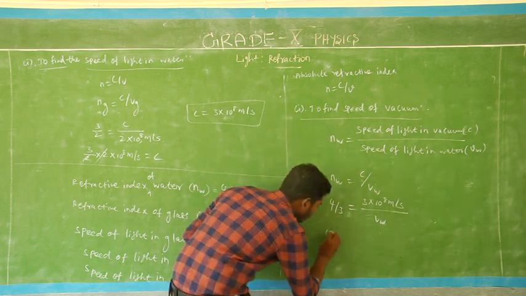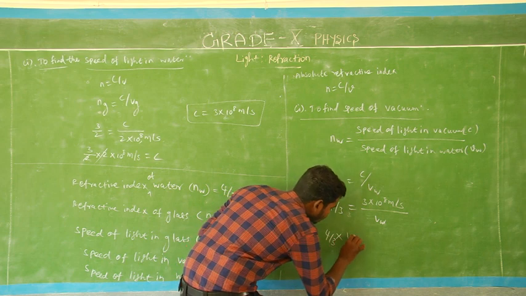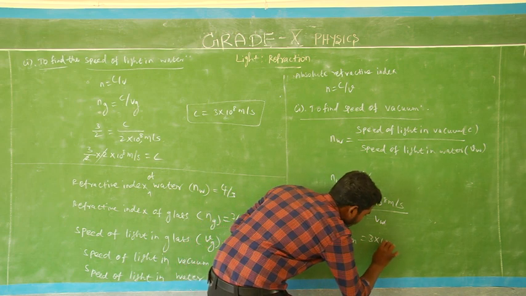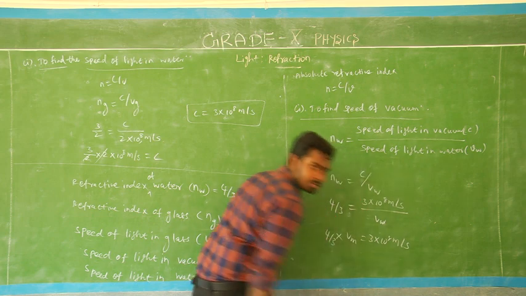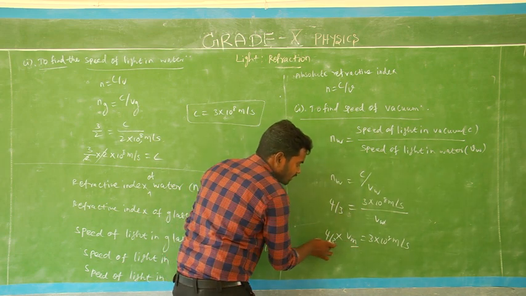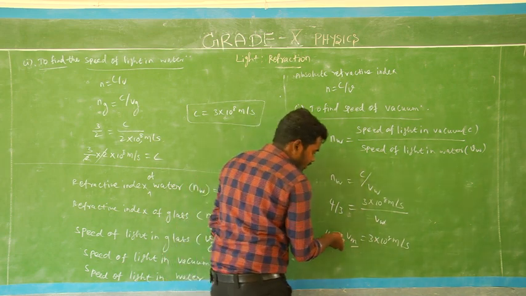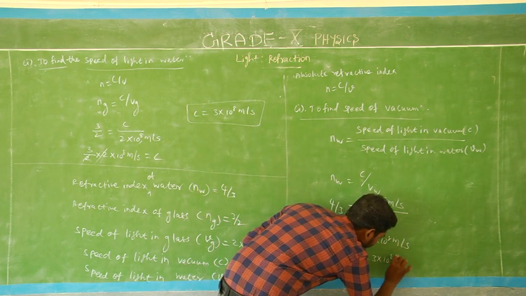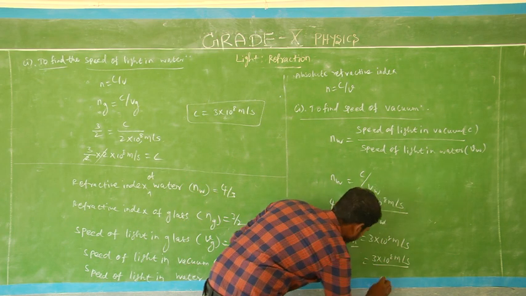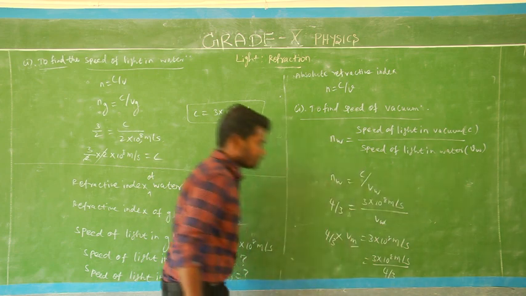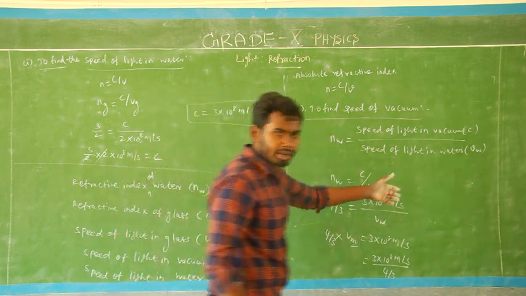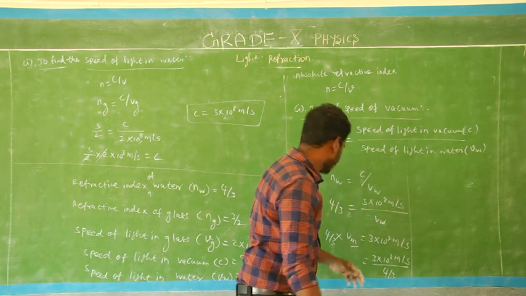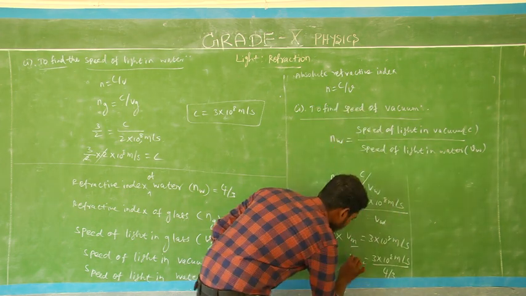So 4 by 3 into Vw is equal to 3 into 10 to the power of 8 meter per second. So we need this value. When this one comes, this multiplication becomes division. So we get 3 into 10 to the power of 8 meter per second divided by 4 by 3. We mentioned 4 by 3 right here. So this is equal to Vw.